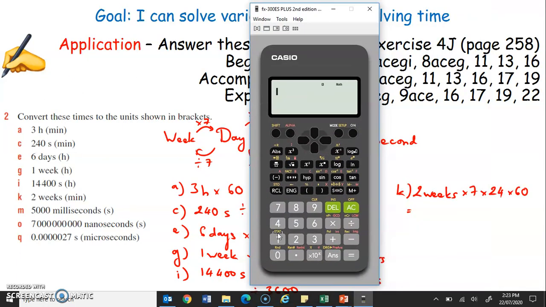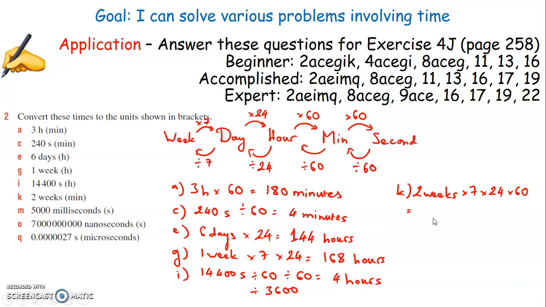So we have 2 weeks times 7 times 24 times 60. And that gives me 20,160 minutes.